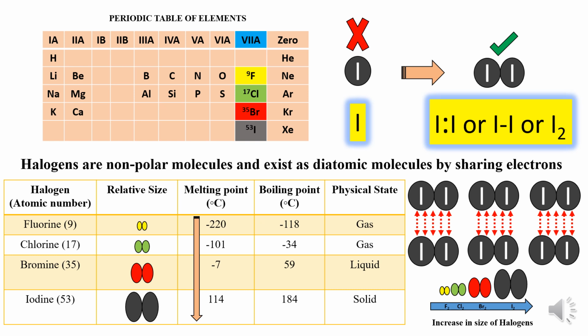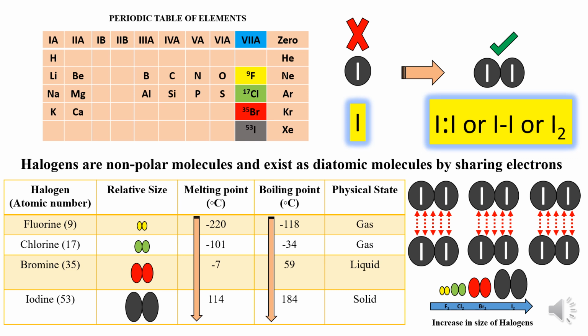With increase in relative size, as you go down the group, the melting point increases, the boiling point increases, and furthermore, there is a change in the physical state. Fluorine and chlorine are gaseous in nature, while bromine is liquid and iodine is a solid.